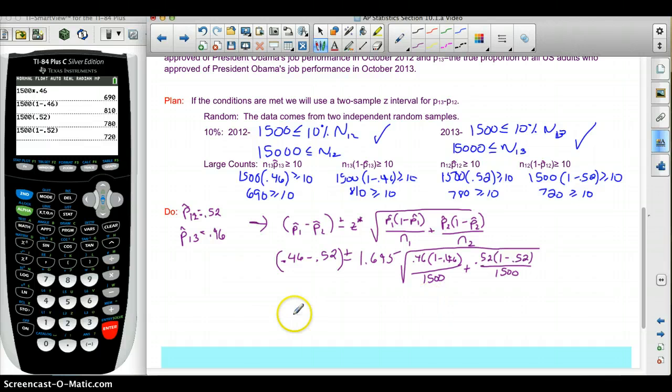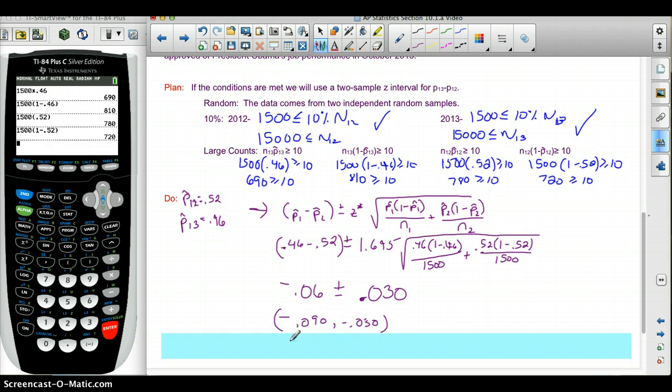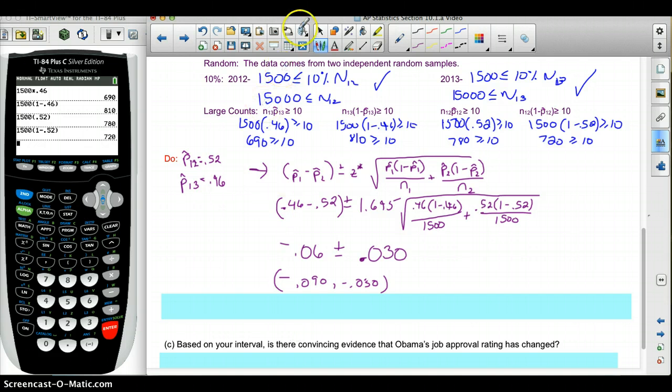Okay, so you go through, do your calculations, and you end up getting negative 0.06 plus or minus 0.030. And then you have your interval when you add and subtract, so you end up getting from negative 0.090 to negative 0.030 for your interval. Okay, after you calculate your interval, you can then do your conclusion part.